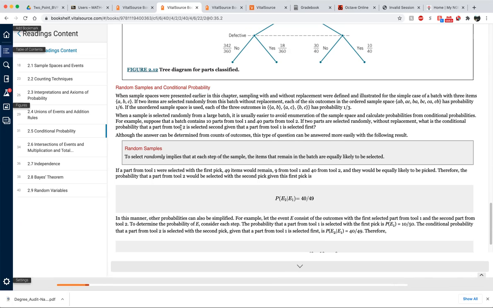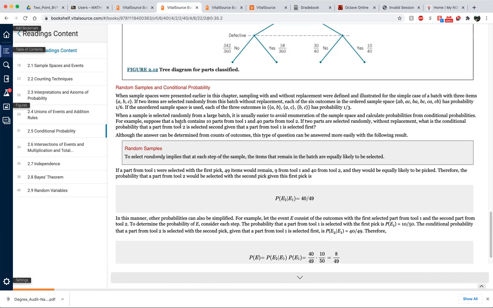For example, suppose that a batch contains 10 parts from tool 1 and 40 parts from tool 2. If two parts are selected randomly without replacement, what is the conditional probability that the part from tool 2 is selected second, given that the part from tool 1 is selected first?